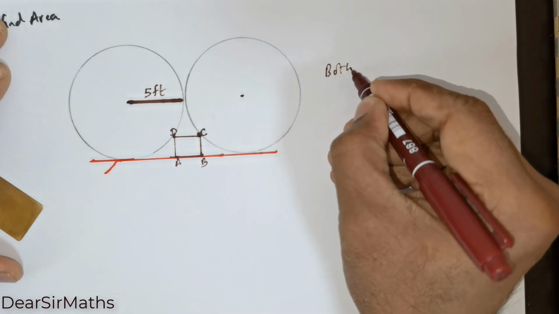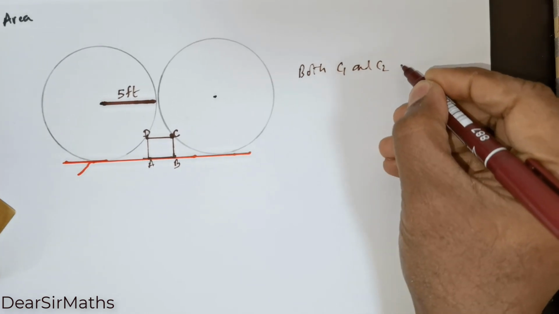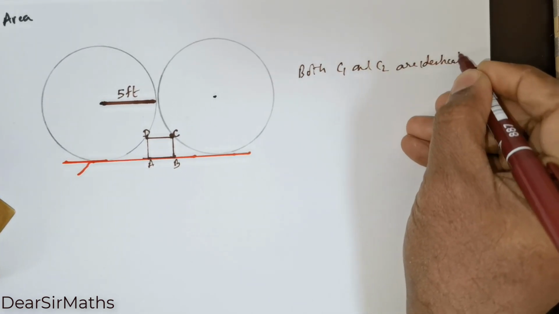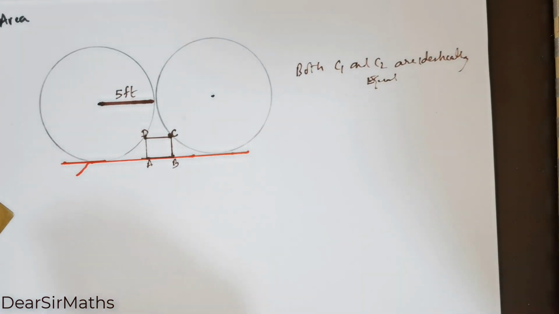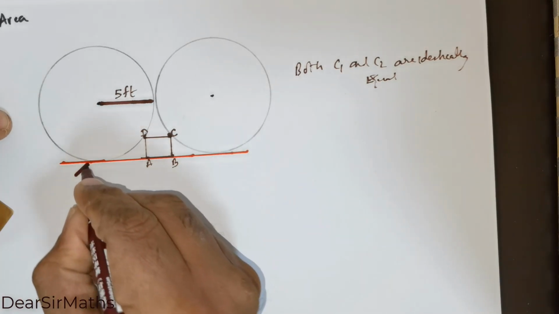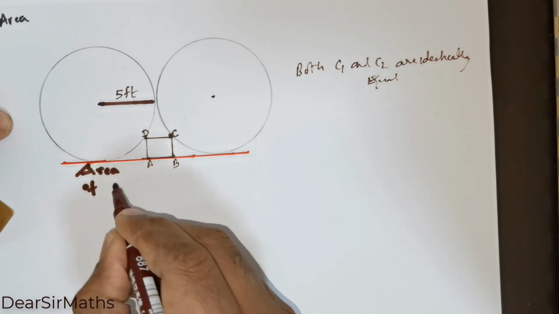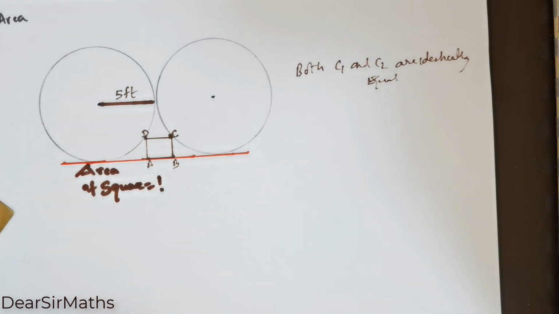So both C1 and C2 are identically equal, and we are expected to find the area. So let me change this: area of the square. This is needed.